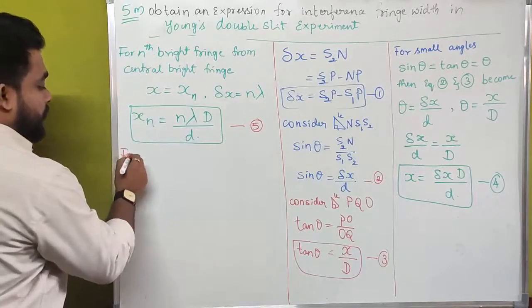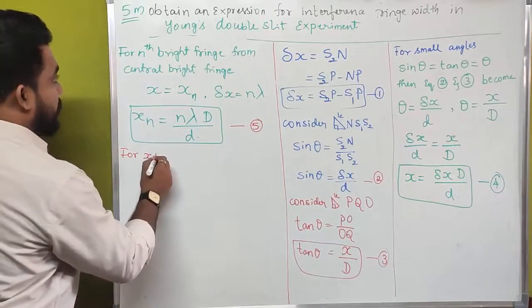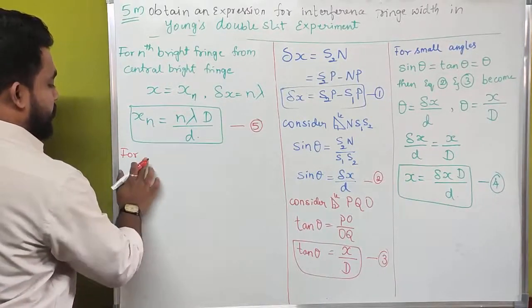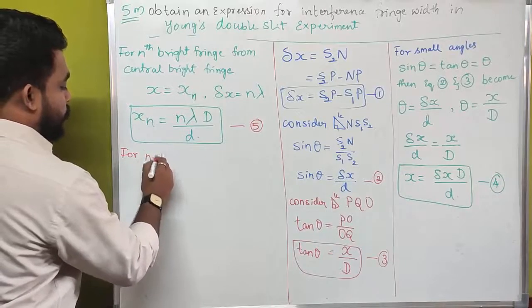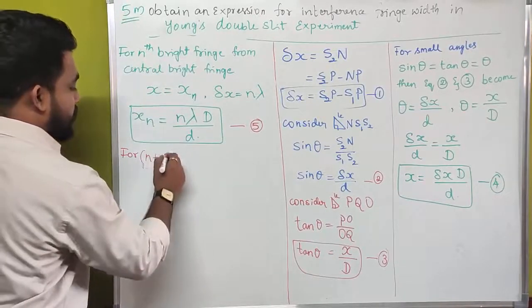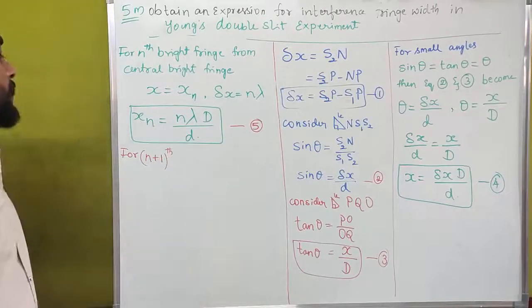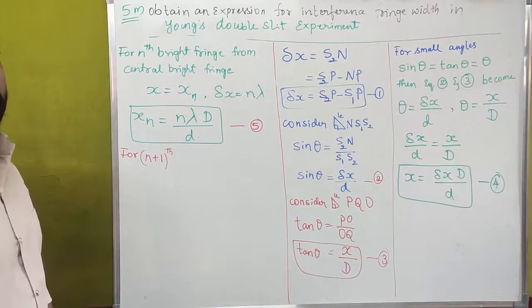That is for x of n plus 1th. This is the nth fringe. Here what we are deriving is the n plus 1th fringe.